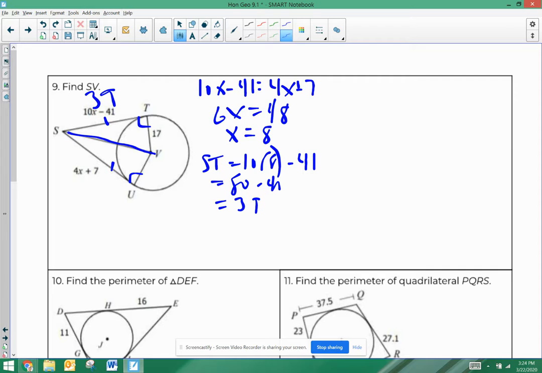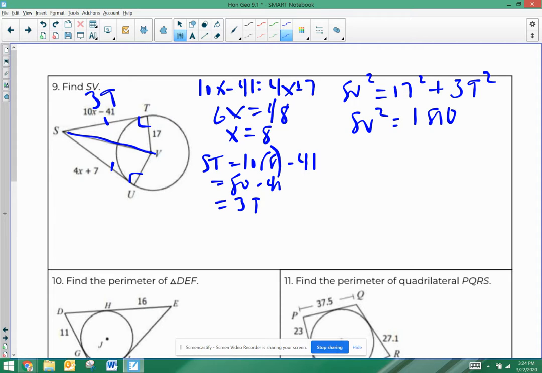Okay, and SV is the hypotenuse, so SV squared is going to equal 17 squared plus 39 squared. So SV squared equals 1810.